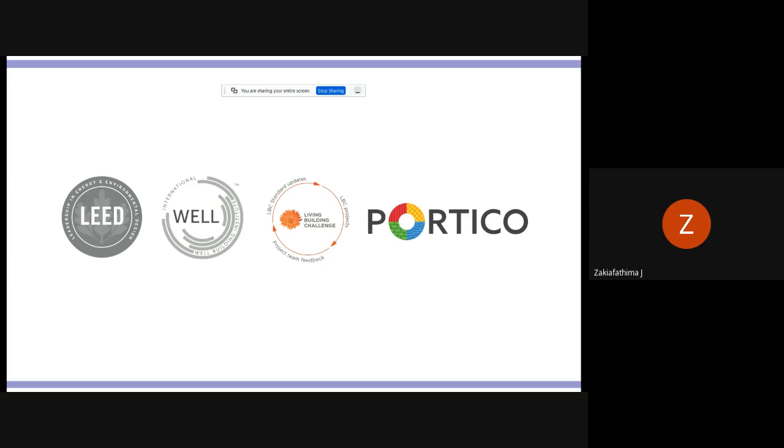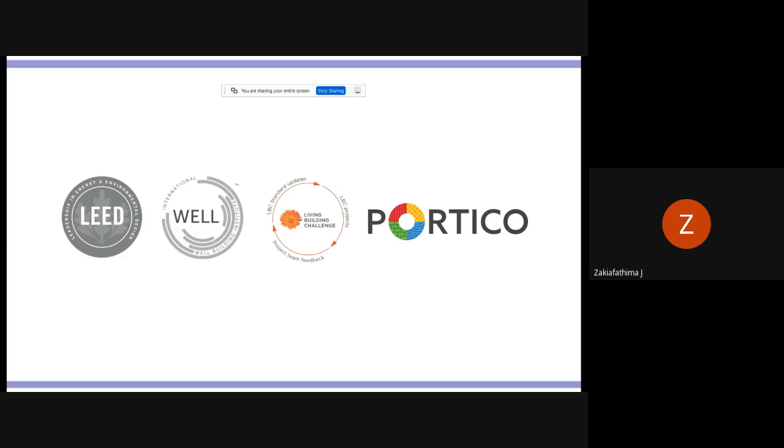LBC is the Living Building Challenge. And then there is one more, which is focusing only on India. So there is IGBC, the Indian Green Building Council, and there is one more, GRIHA. GRIHA is the Green Rating for Integrated Habitat Assessment, again based on Indian standards.